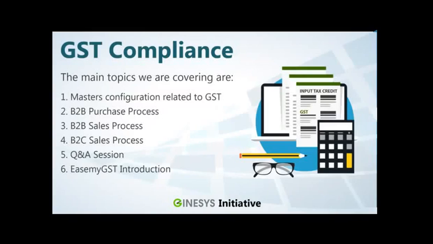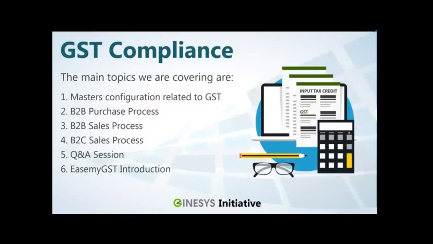Another question is, if any HSN code is provided by the vendor in the invoice for an item, and again the same vendor gives another HSN code for the same item in another invoice, which will be applicable in the system and what will be the next process? See, in Ginesys, the HSN code provided by the vendor has nothing to do with the system process.